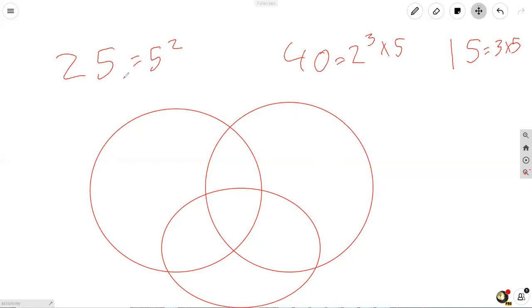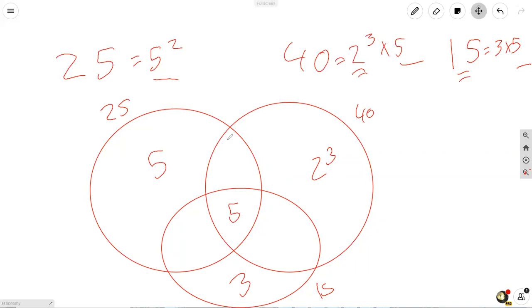So the number 25, they all actually have a number 5 in common. All of them have a number 5 in common. But I'm going to call this one the 25, I'll call this one the 40, and I'll call this the 15. The 25 has an extra 5. Does everyone see? The 40 has 2 to the power of 3. The 15 has the number 3.